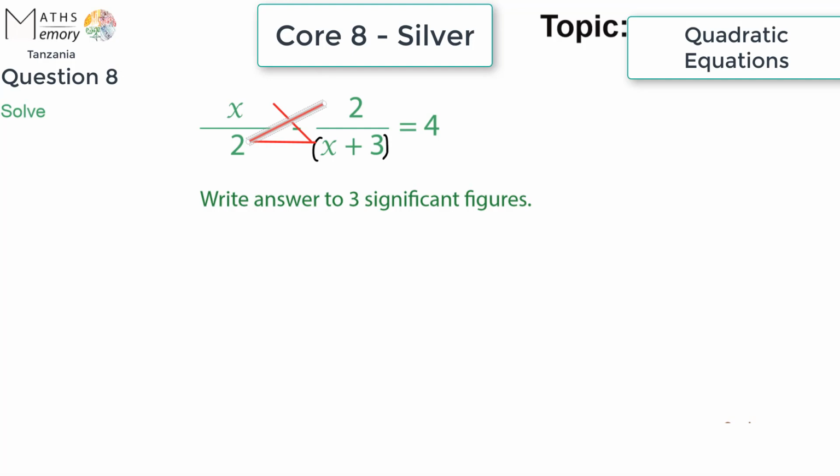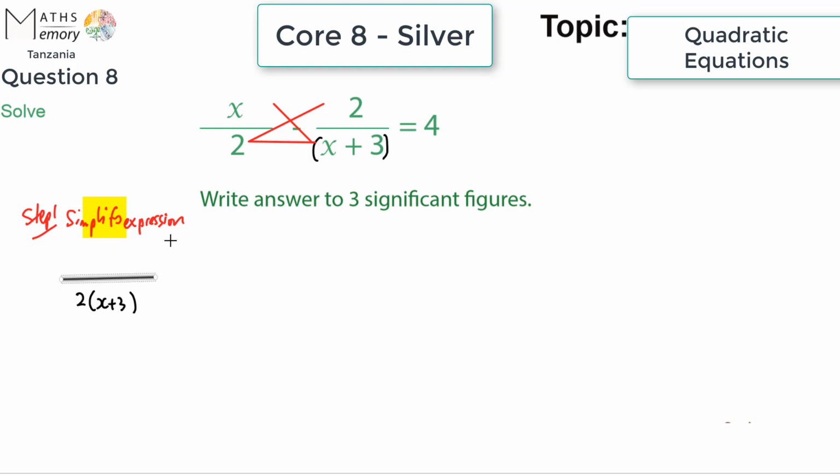So step 1, let's just write this over here so we don't forget. Step 1, we're going to basically simplify the expression. So we have as a denominator 2 times x plus 3, and on the numerator, if we do this over here, we're going to get step 2, which is x times x plus 3.